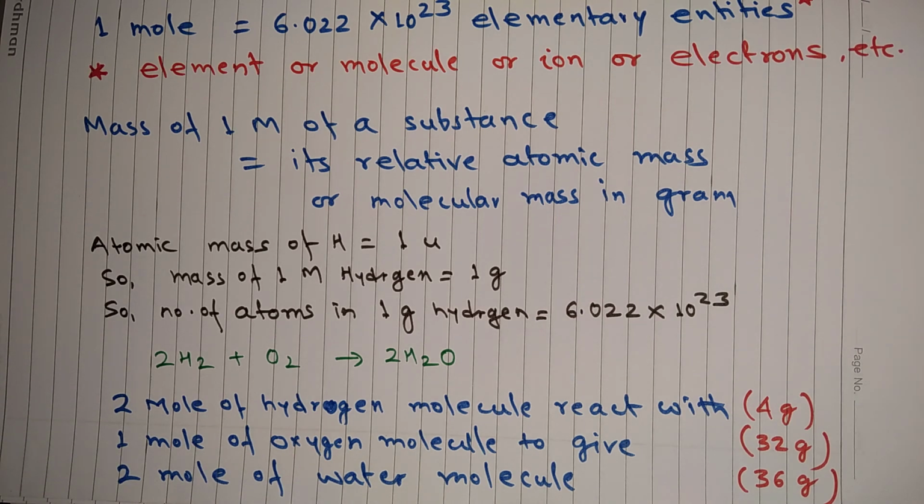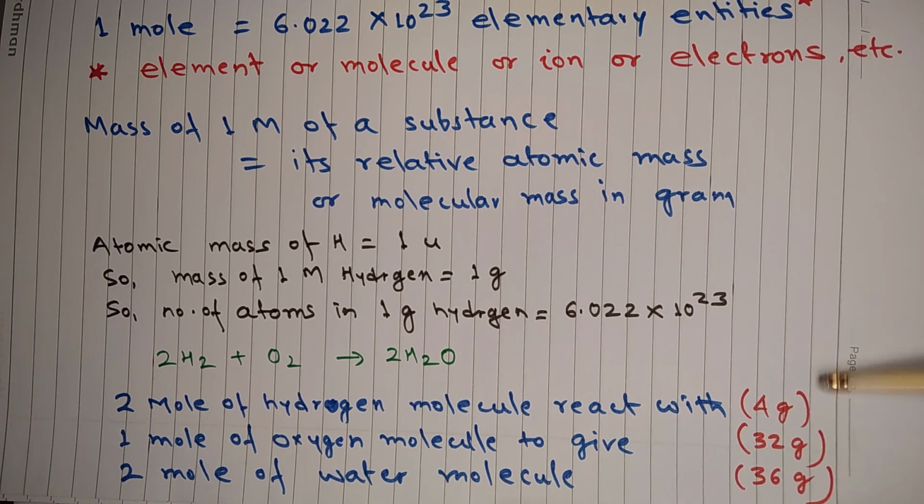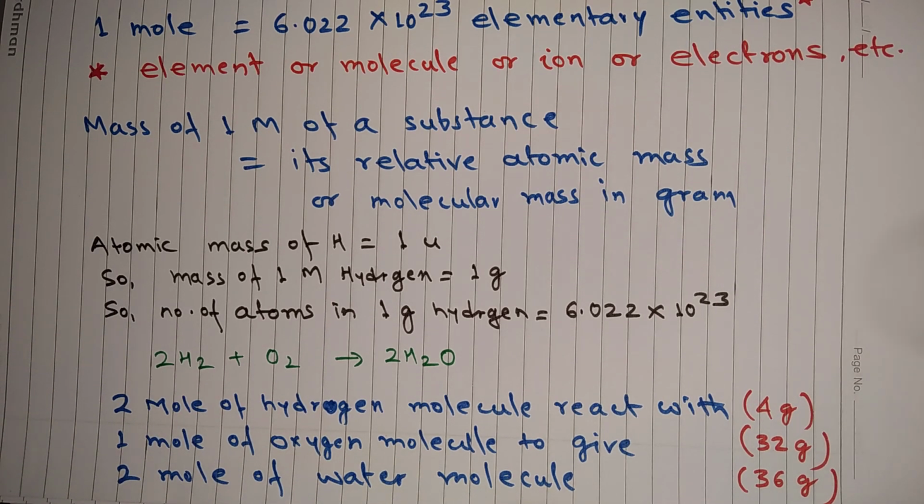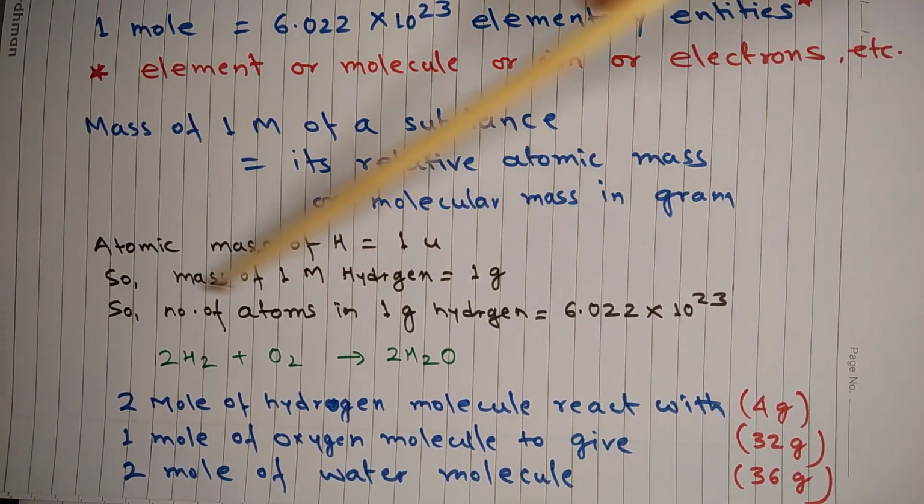If we have to represent it in terms of gram, then 4 gram of hydrogen molecule react with 32 gram of oxygen molecule to give 36 gram of water molecule. Okay. So representing in grams can be quite difficult most of the time. So it is easier to do so in terms of mole.